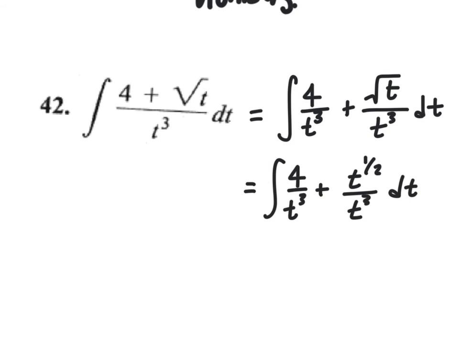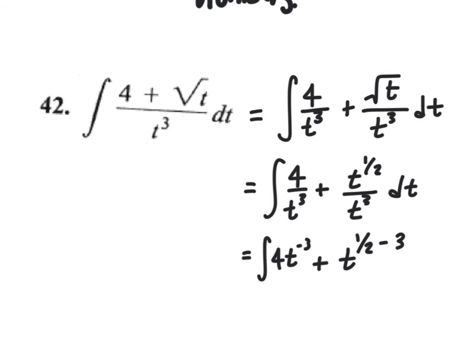Okay, now I'm going to move around my denominators here and simplify what we've got. So I'm going to have the integral of 4t to the negative 3 power plus t to the 1/2 power minus 3 power. Okay, and what I did there is I'm just trying to simplify this.